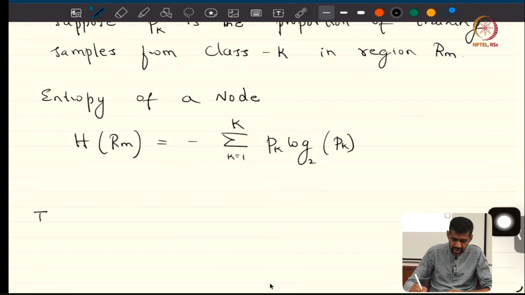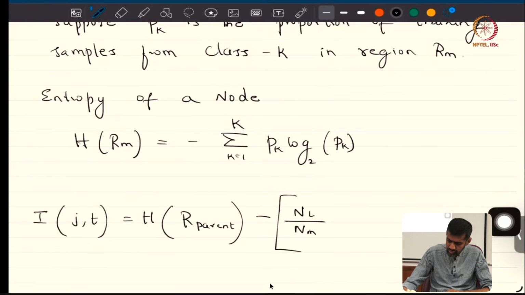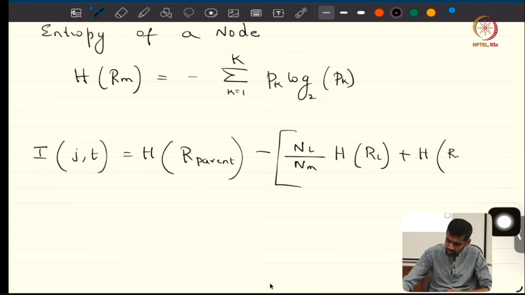The impurity metric corresponding to a particular split is the entropy associated with the parent minus the sum of the weighted entropy of the children.